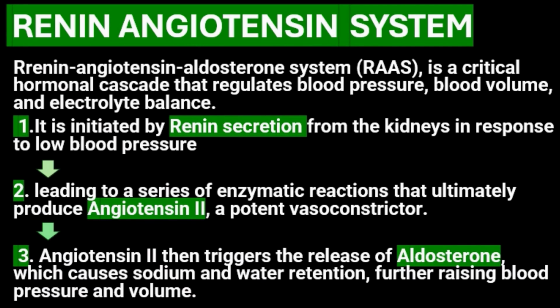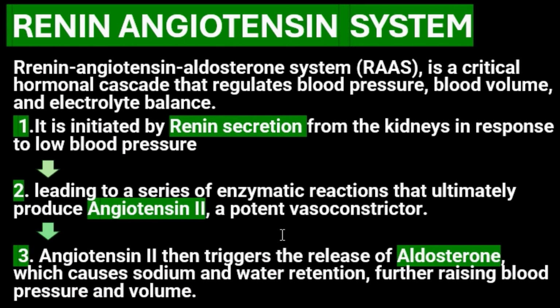3 steps you can see. First step, it is initiated by renin secretion from the kidneys in response to low blood pressure. When the blood pressure is low, the renin secretion is initiated by the kidneys. That is the first step. Then, it leads to a series of enzymatic reactions that ultimately produce angiotensin II, a potent vasoconstrictor.